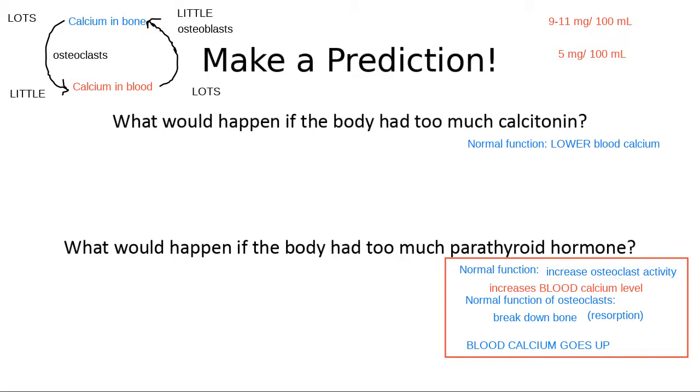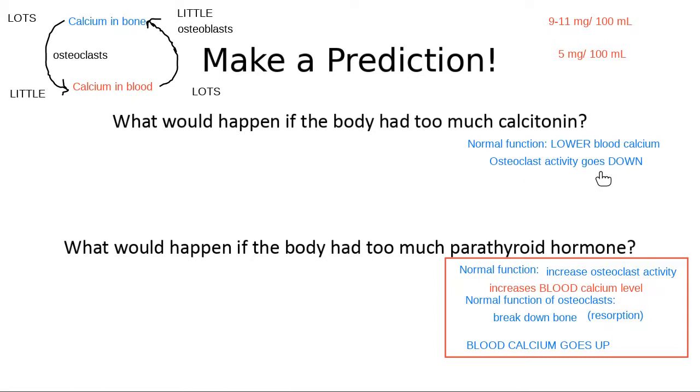Yeah, so when the message calcitonin is sent, osteoclast activity goes down. My osteoclasts aren't working as hard. When my osteoclasts don't work as hard, I don't break down as much bone tissue.